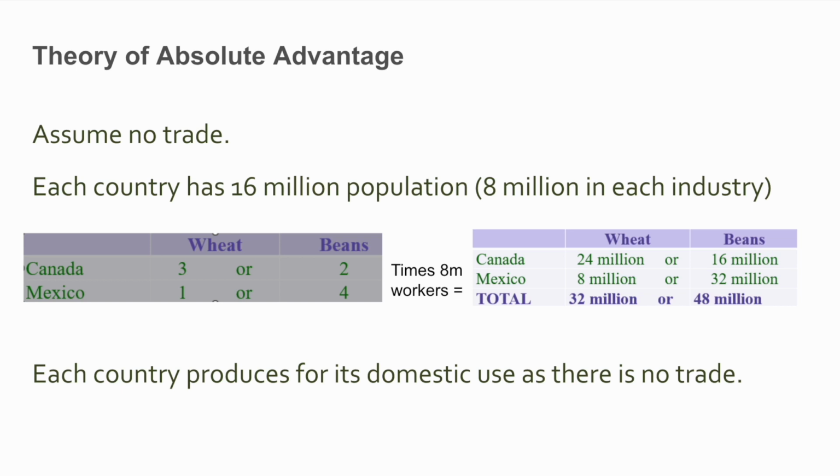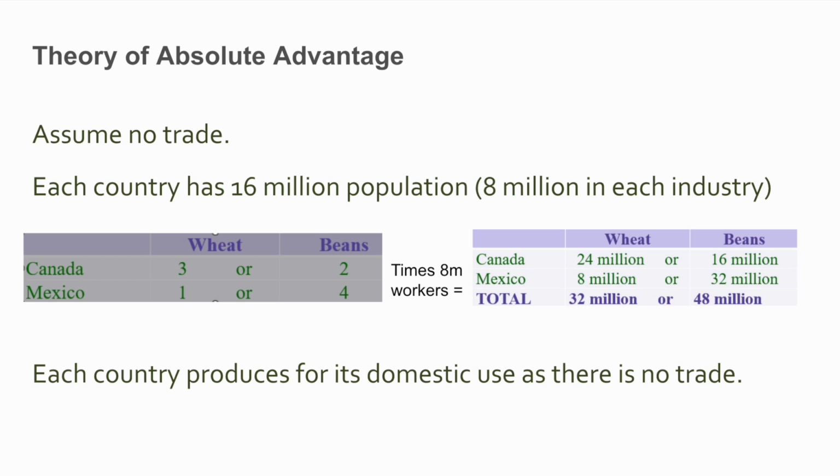So this little chart shows the output per worker. So there's 3 wheat per worker, and we got 8 million people, remember, working at the wheat, so that's 24 million wheat. We got 8 million people working at the beans, so 2 beans times 8 is 16 million beans.